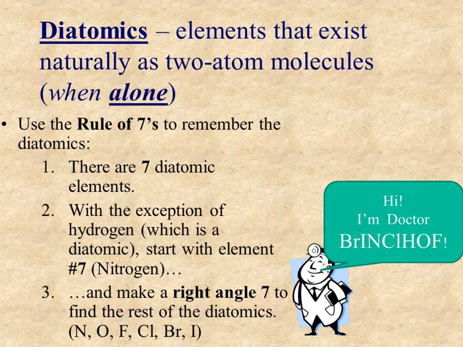May not be in the same order as we find on the periodic table, but again, it gets you all of your diatomic elements. So whenever you encounter an equation that you are translating from narrative form or word form into symbolic form, if you see that you have one of those 7 elements and it is by itself, not combined with any other element, you have to remember to automatically put the 2 in as a subscript.